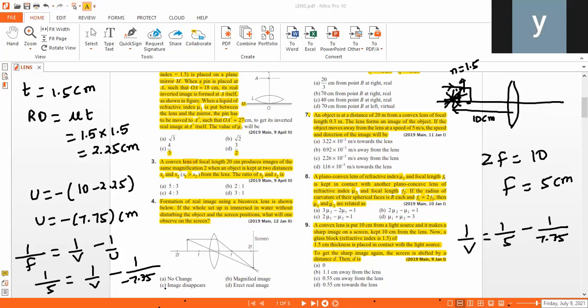1 by 5 means it is 0.2. 0.2 minus 1 by 7.75, that is 0.129. That is nothing but 0.2 minus 0.129, that is nothing but 0.071.